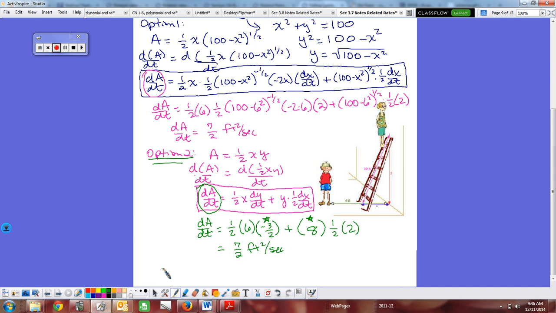And then we will answer the question: when the ladder is 6 feet from the wall, the area is increasing at 7/2 feet squared per second. Okay, so just kind of trying to show you all the different options that you're going to have.